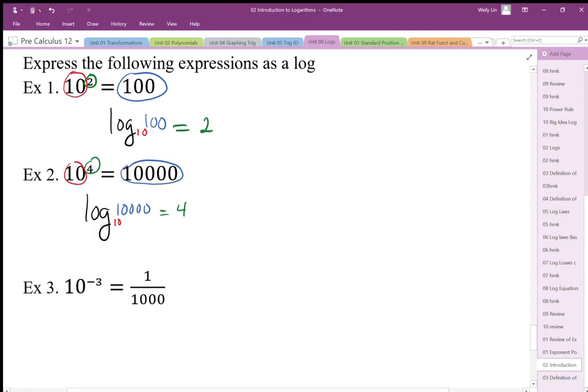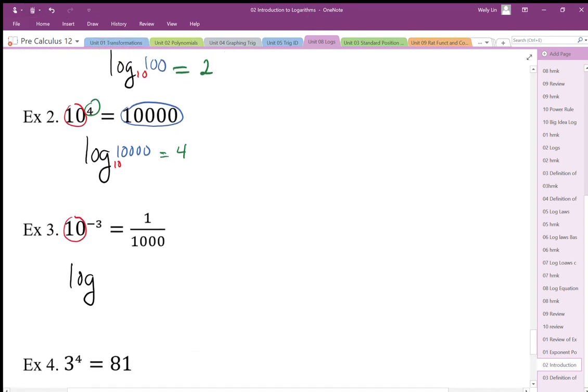So this one here, we're going to again write our log. The base is the base. There's my base. So I need to write this as base 10. The output of the log is my exponent. The input is what we call the argument, and the argument is the output of the exponent.